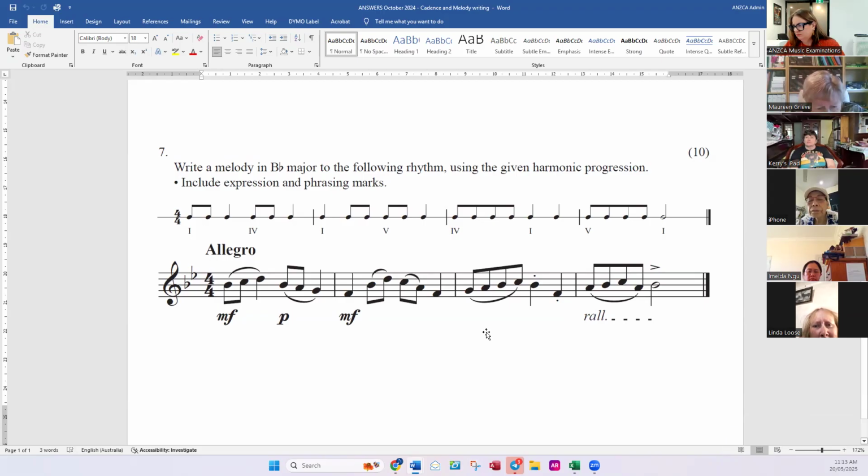Oh, I'm sorry, there's a question here, should staccato and accents. You don't have to do staccatos and accents. I think it adds a little bit of character to the piece if it's done well, but no, it's not essential.